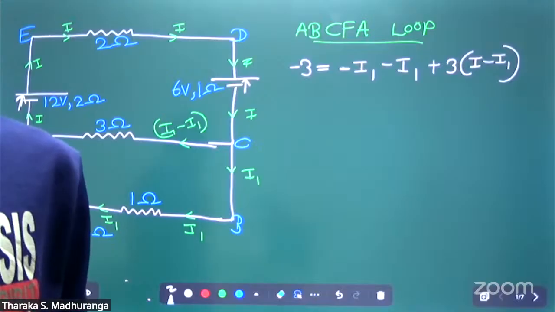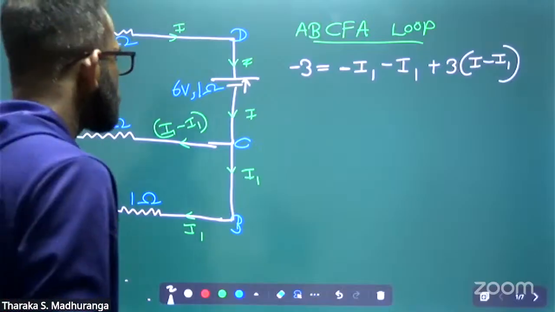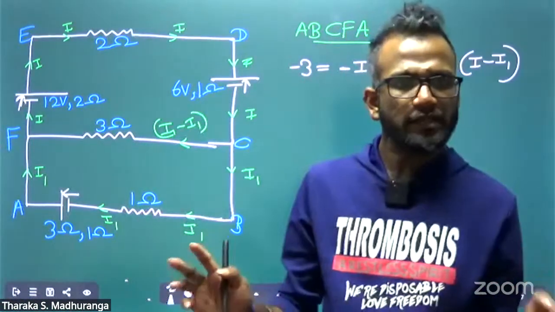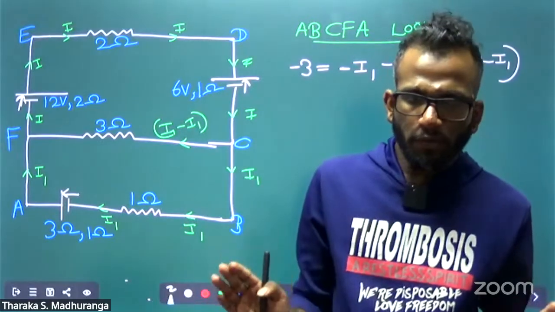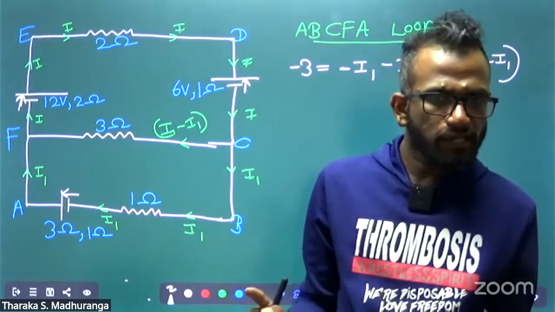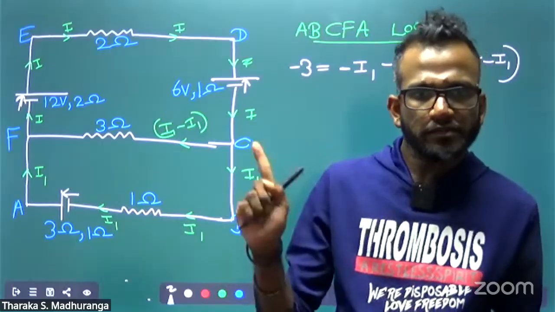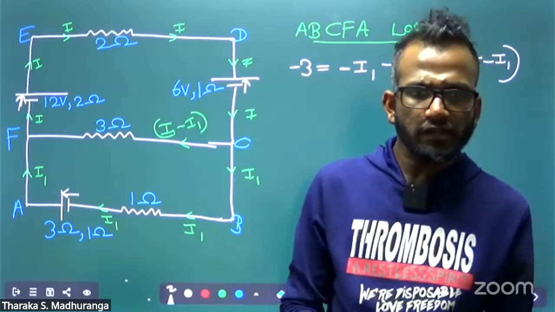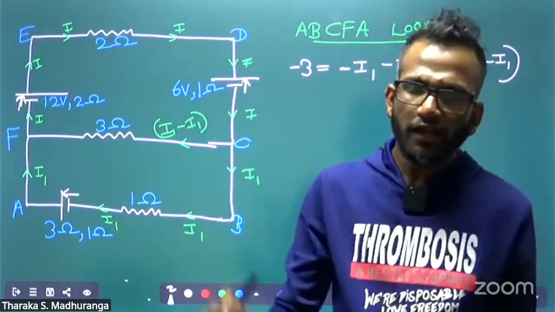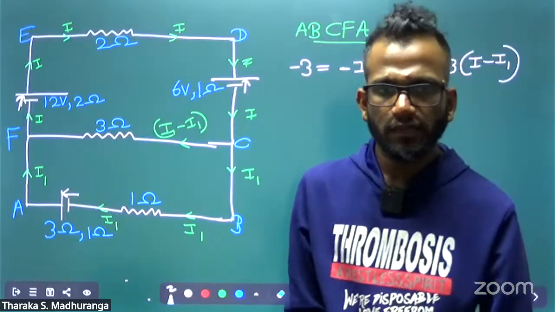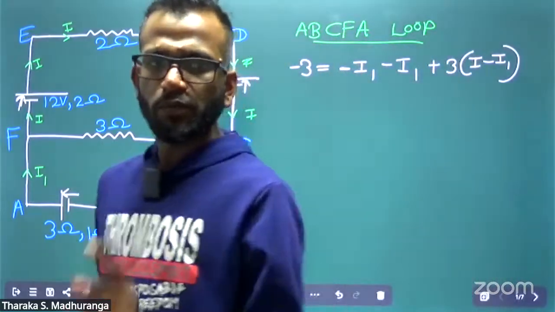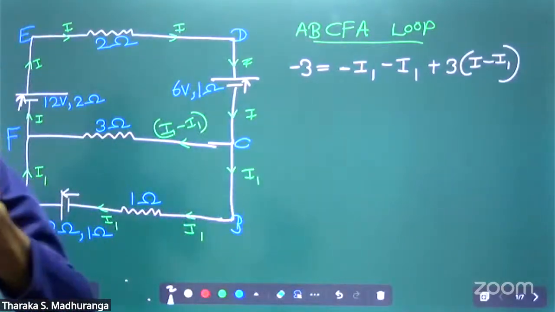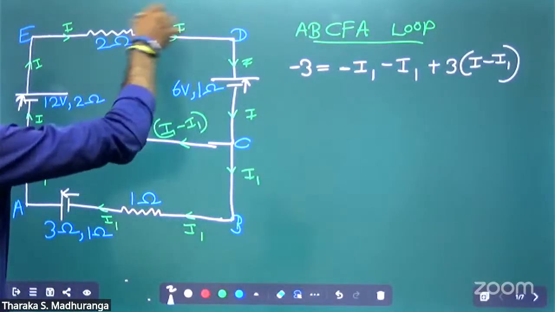Adisha, we don't know what the I actually is. It is a very complex circuit. According to this circuit, I is the current flowing from F to C, the current in this path. That's all you need to think about.